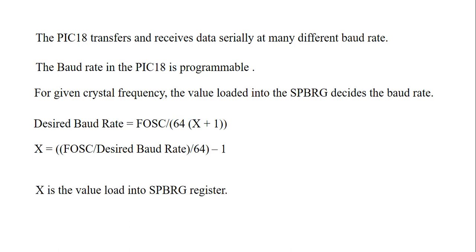That x value is going to be stored into the SPBRG. You can upload the value in hex form or in decimal form. If you upload the count in hex, you have to denote it as 0x followed by the hex value, or you can simply upload the count in decimal.